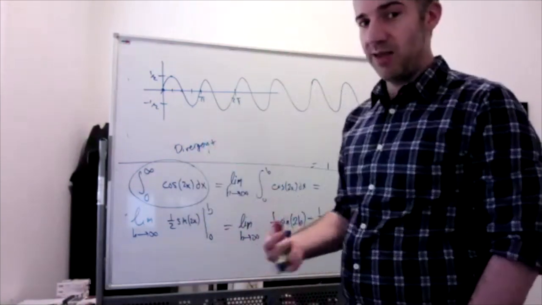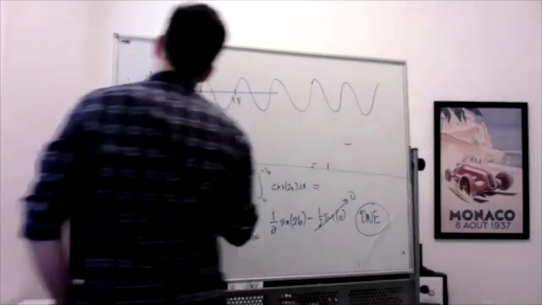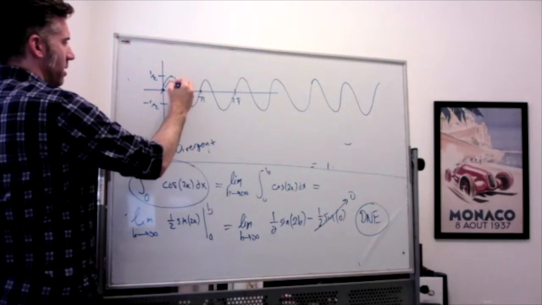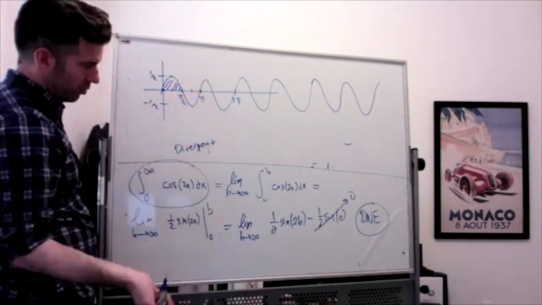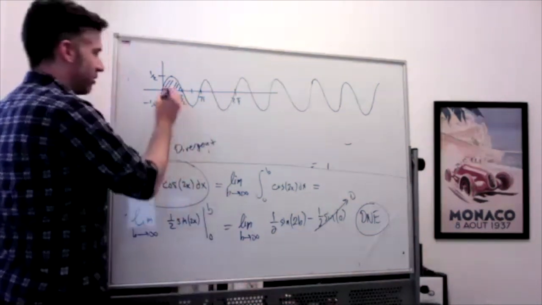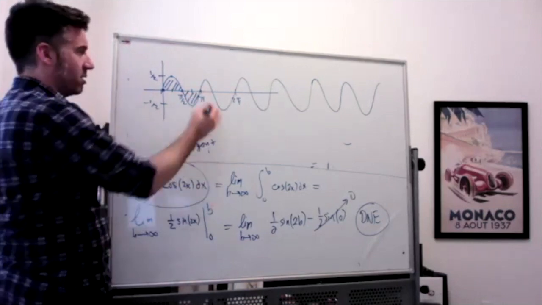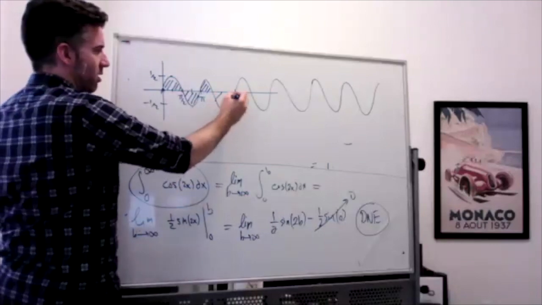Another way you could think about it, if this seems a little hand wavy to you, is you could say, well, the integral from 0 to, say, pi over 2 would be some positive number. And then the integral from 0 to pi would be 0. And then if we go to the next pi over 2, you get a positive number. And then if you go to 2 pi, you get 0.